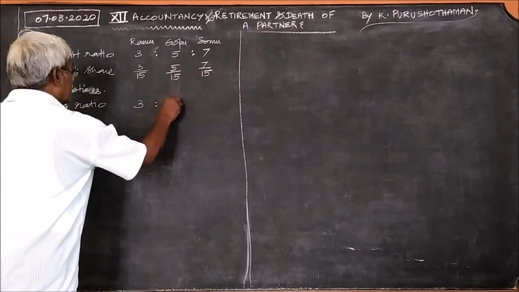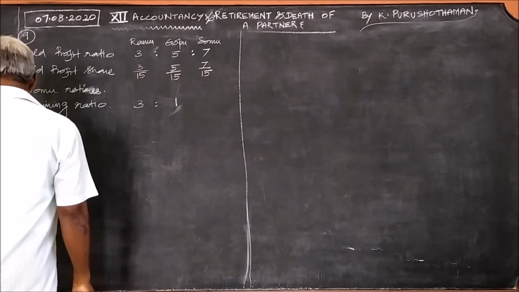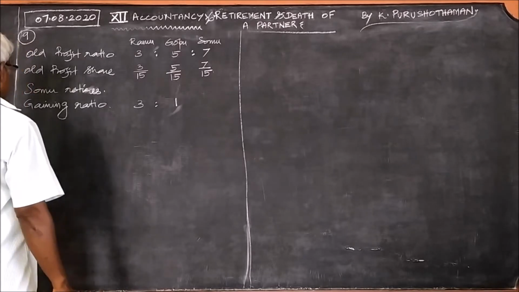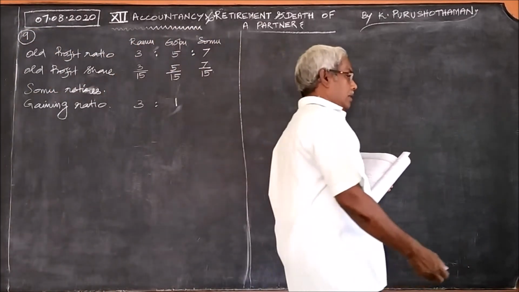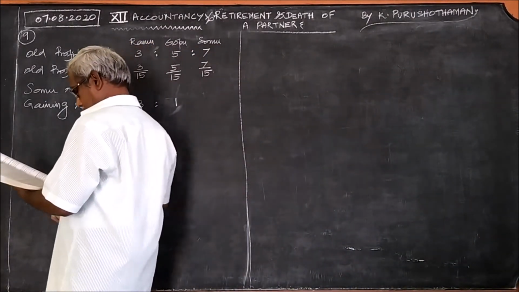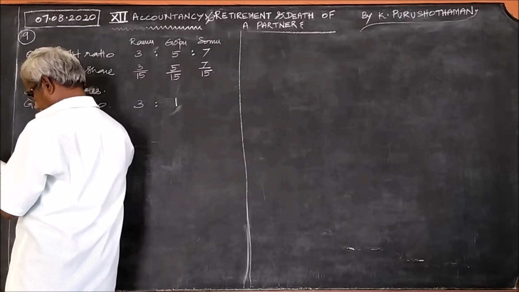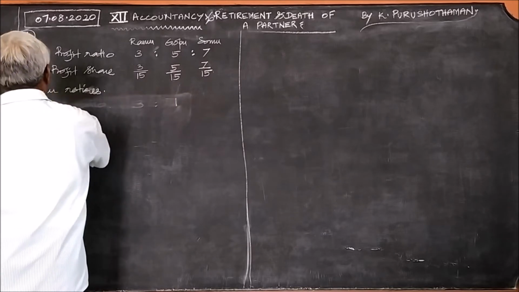In this ratio only, the share is purchased by Ramu and Somu, 3:1.